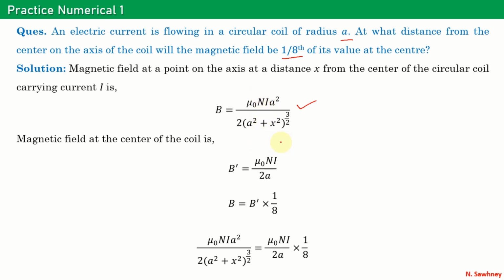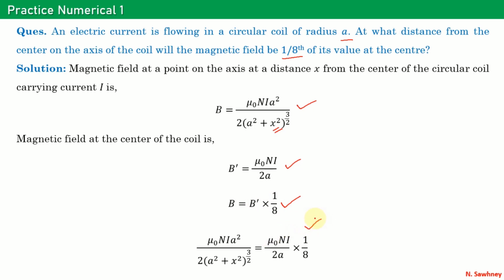The magnetic field at the center is represented when x is taken as 0, that is mu naught NI upon 2a, and it is written in the question that we have to find the distance from the center on the axis at which the magnetic field is 1/8 of its value at the center, that is magnetic field is equal to B dash into 1/8 of its center.